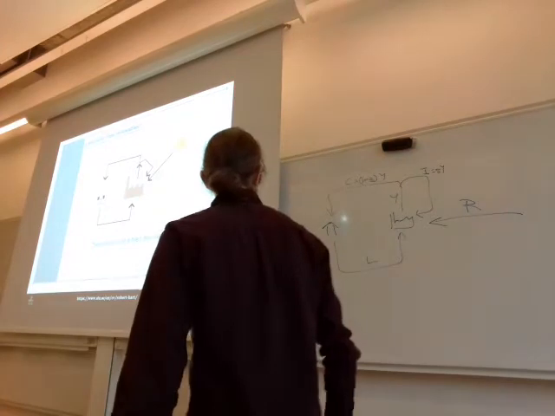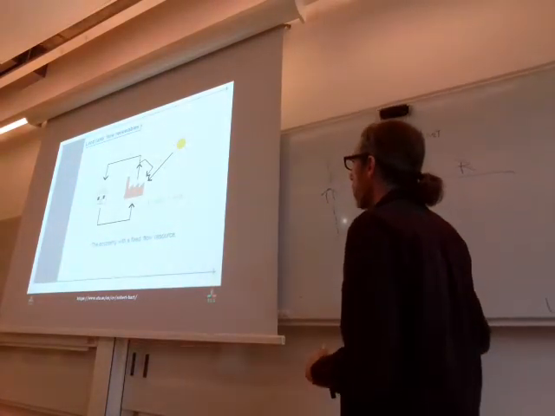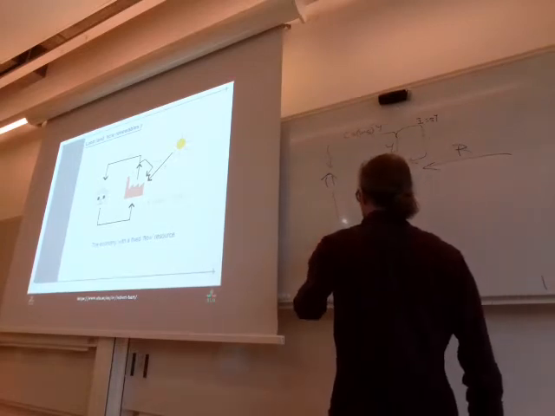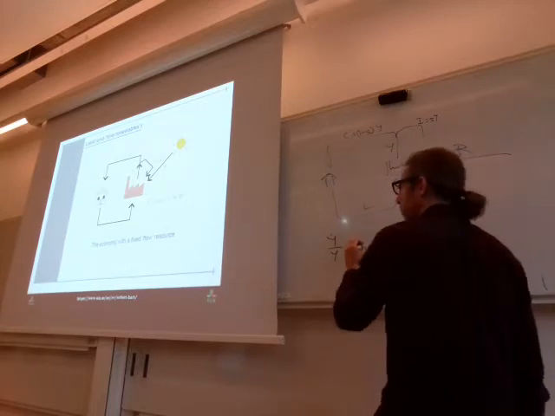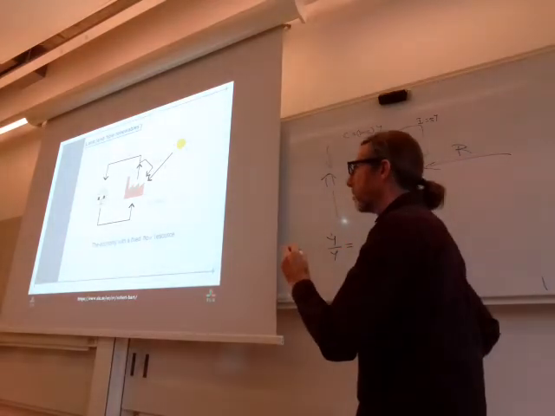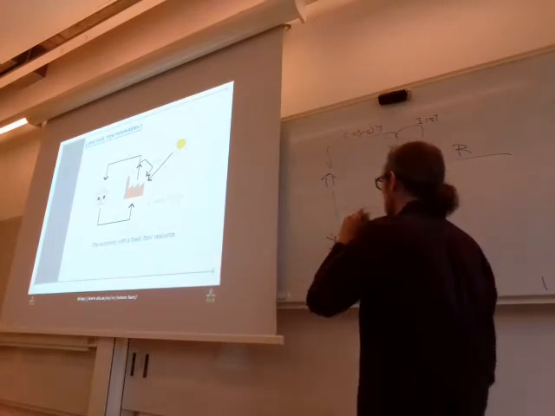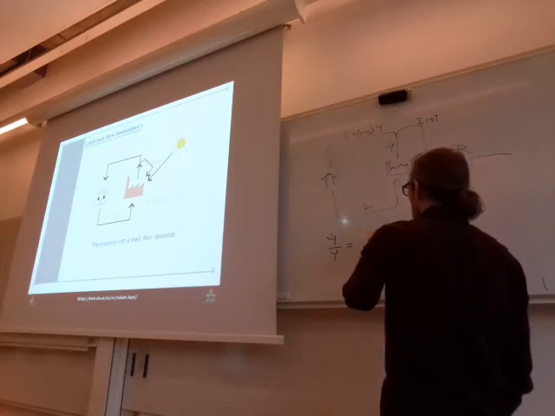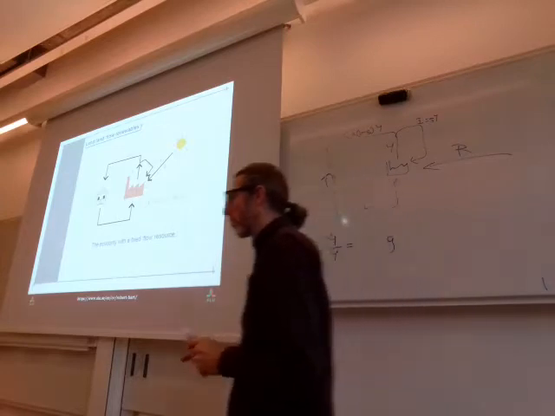And this is exactly what we find, isn't it? So what was it we found? We found that Y dot over Y. Does anyone remember? Isn't it, no, I can't quite remember.